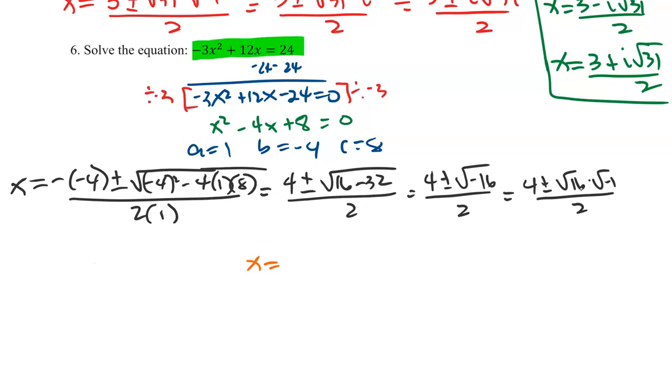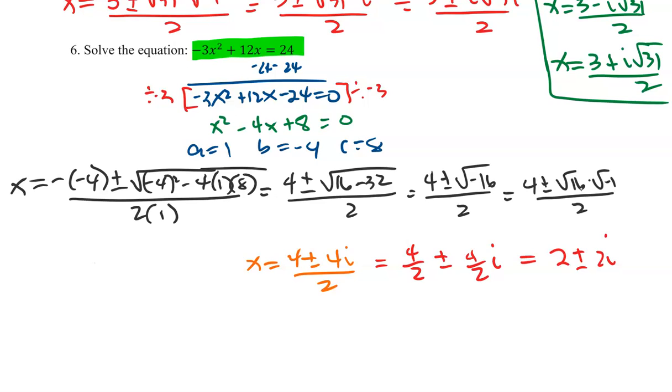So let's continue that here. 4 plus or minus the square root of 16, which is 4, and the square root of negative 1, remember, is equal to i, all over 2. So we have 4 over 2 plus or minus 4 over 2 i, and 4 over 2 is 2, 4 over 2 is 2i.